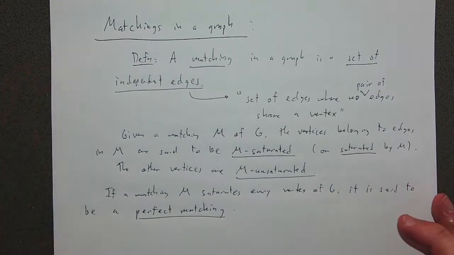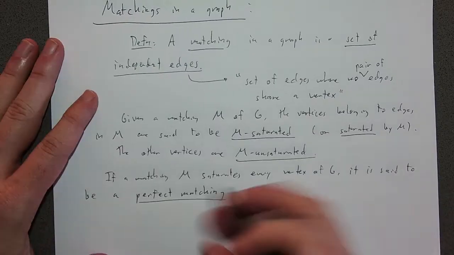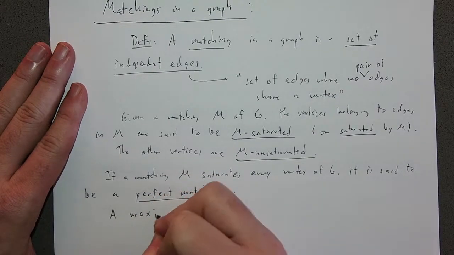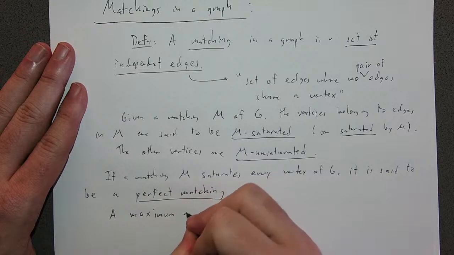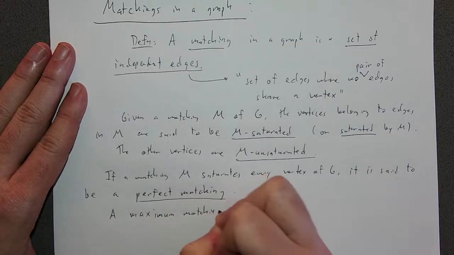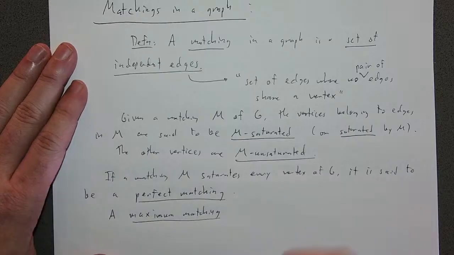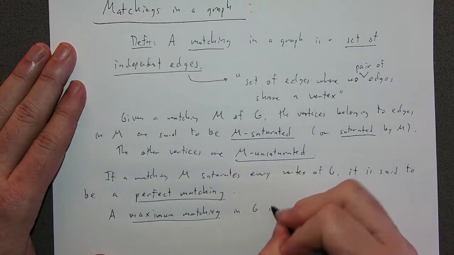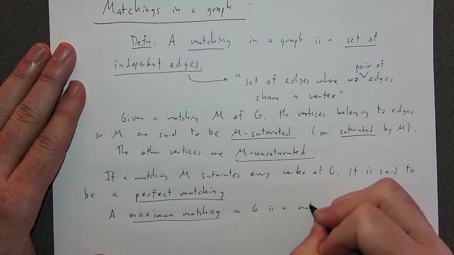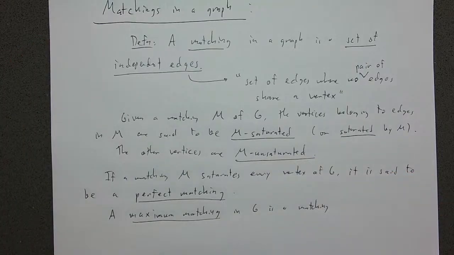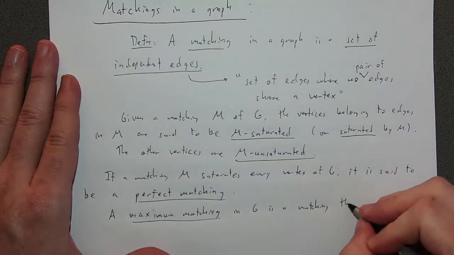A maximum matching in G is a matching that has the largest possible cardinality.